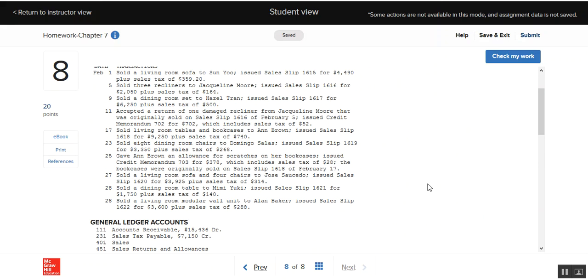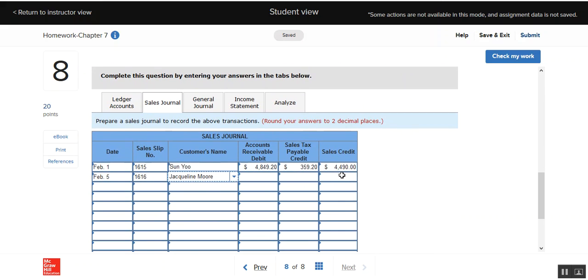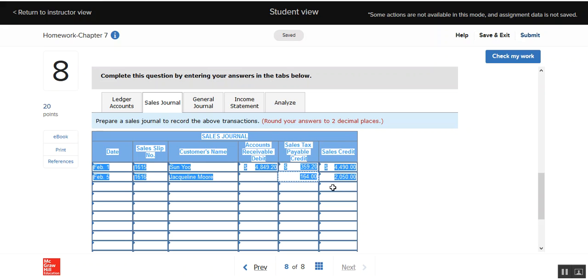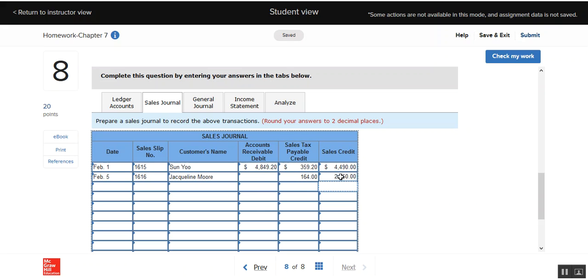We've again got an amount, the $2,050 is how much the recliners cost, plus they're paying sales tax. So we've got the amount of the sale, the amount of the items, plus the sales tax. So if we add those two together, we'll know how much she actually owes us.